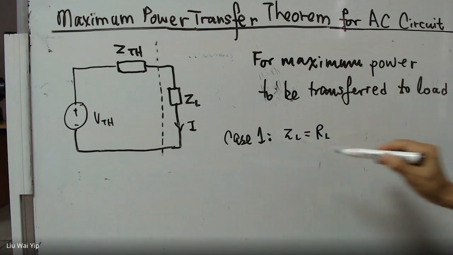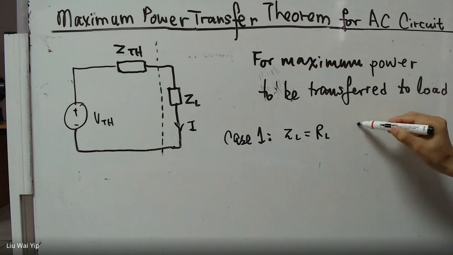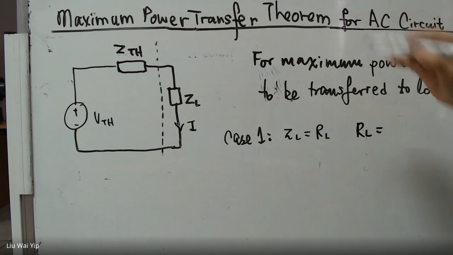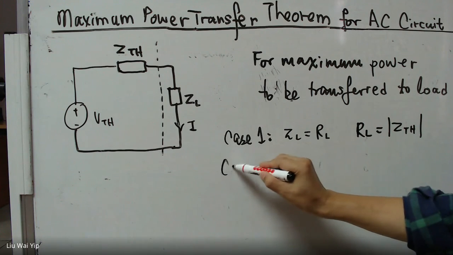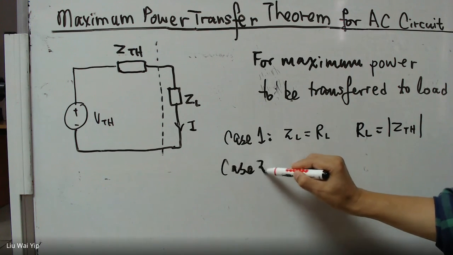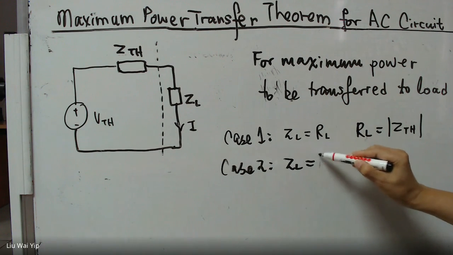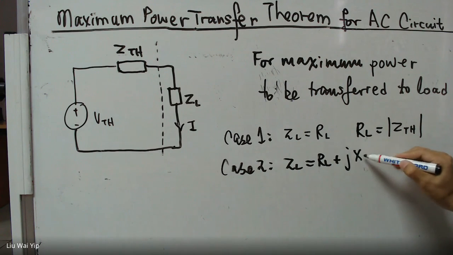In this case, RL must be equal to the magnitude of ZTH. And case two, ZL is equal to RL plus jXL.